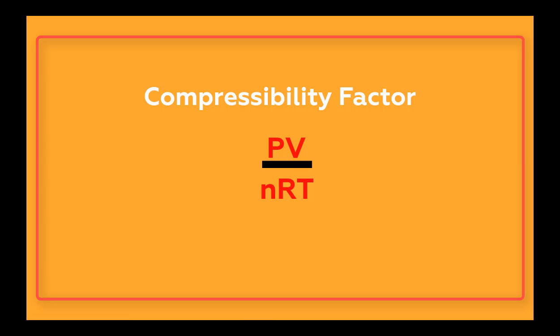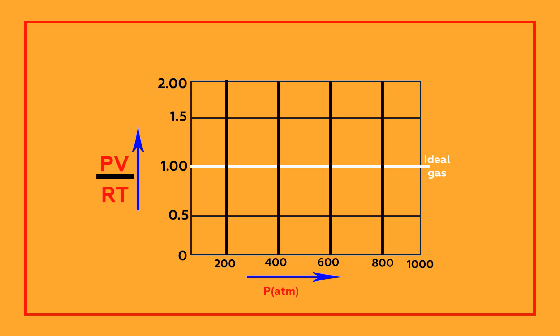We will plot a graph between compressibility factor and pressure to check the non-ideal behavior of some real gases like hydrogen, helium, nitrogen and carbon dioxide at different temperatures. We will observe the non-ideal behavior at fixed temperature.